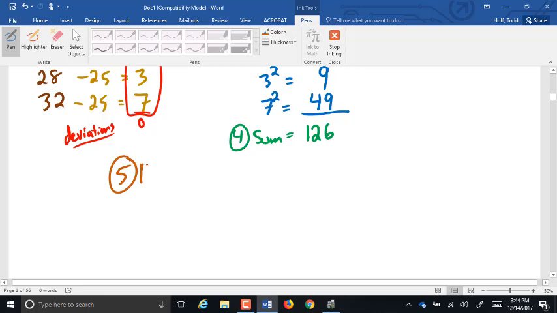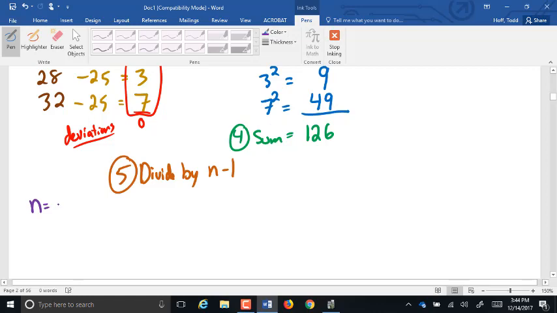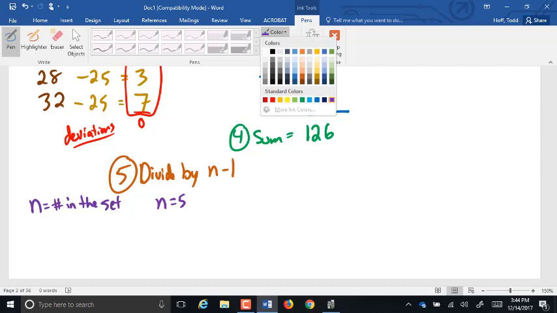Step 5, remember, is the one we have to be careful on. This is a sample, so we're going to divide by n minus 1. Well, what is n? N equals the number in the set. So for this case, n equals 5 because there are 5 numbers in the set.